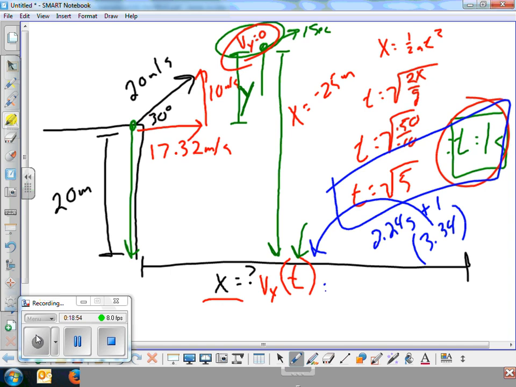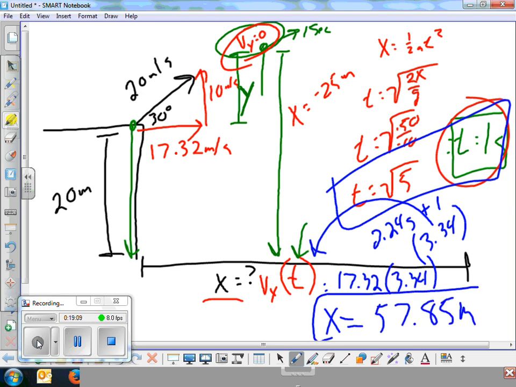Put that in there, and we get 17.32 times 3.34, and we get our x displacement as 57.85 meters. Okay, thanks, Mitch. That's 3.24, which brings us to 56.12 meters. Thank you.